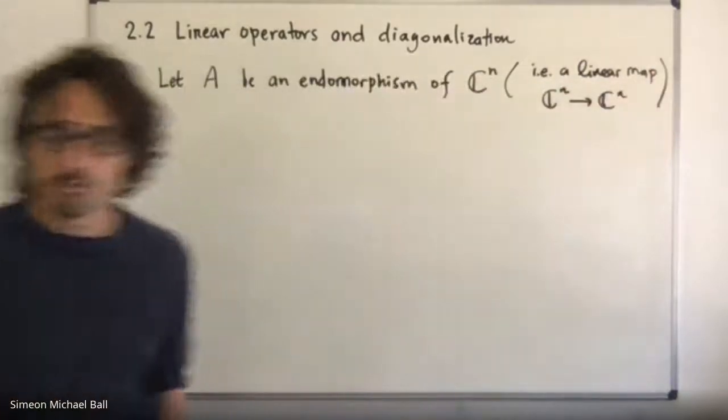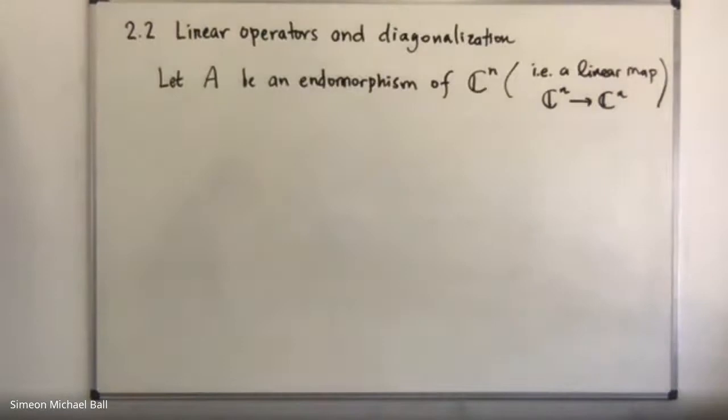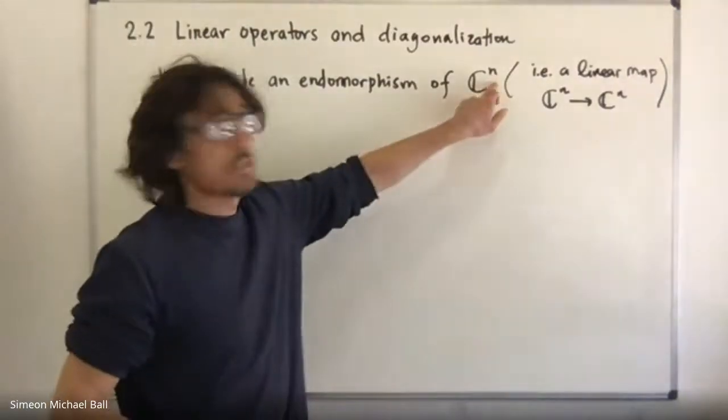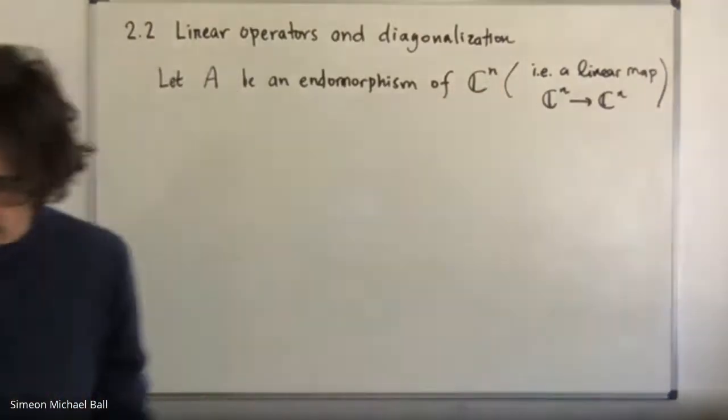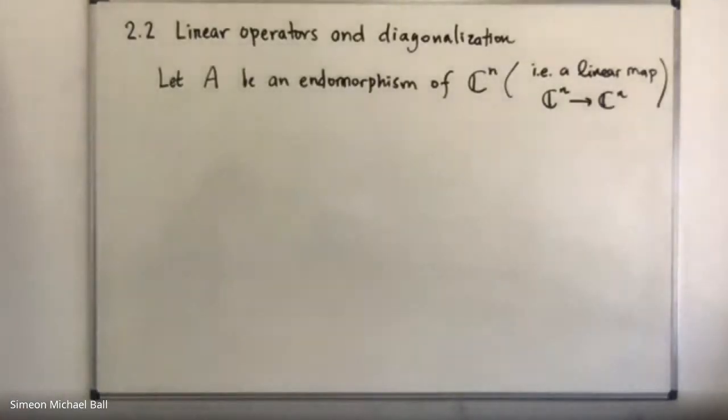We're going to mainly be interested in endomorphisms of a complex vector space. As we shall see later, our complex space will be a tensor product space, but for the moment, it's easier just to do everything in general.